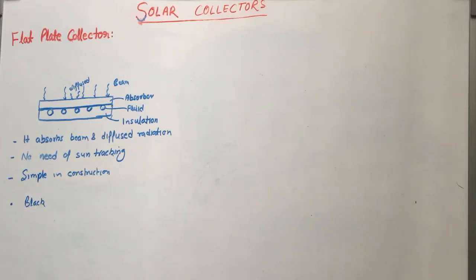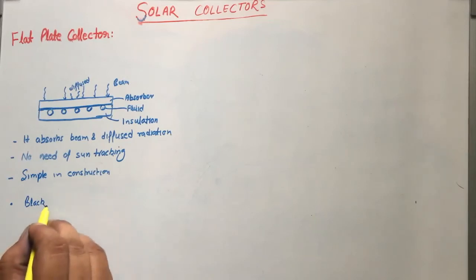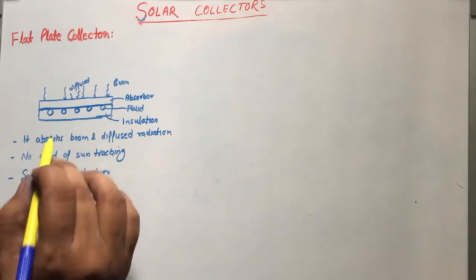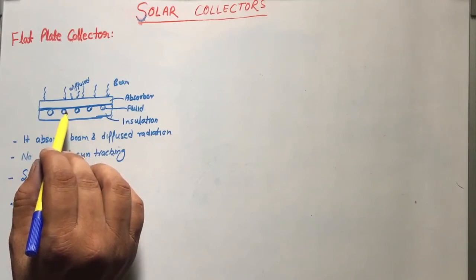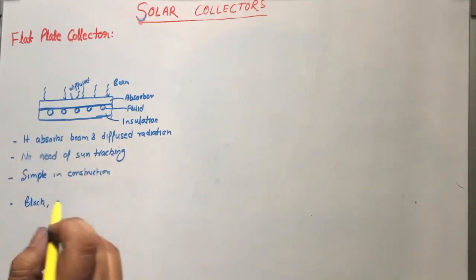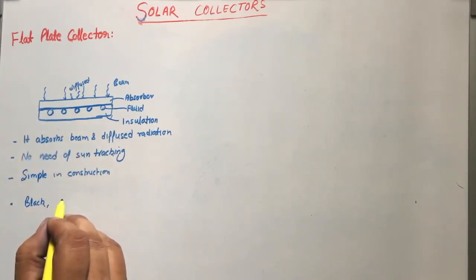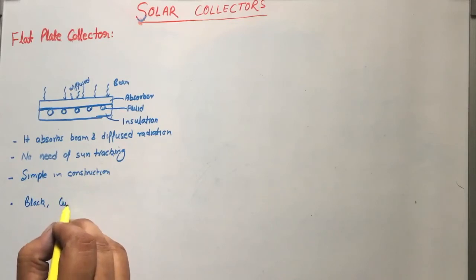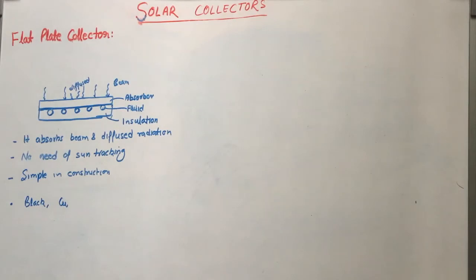And the second thing that we can say about that, it should be a good conductor of heat, and we know copper is a very good conductor of heat. However, it is not at the top of the conductor table. Anyway, in cost and conduction, if we compare, then copper is the best suited here.